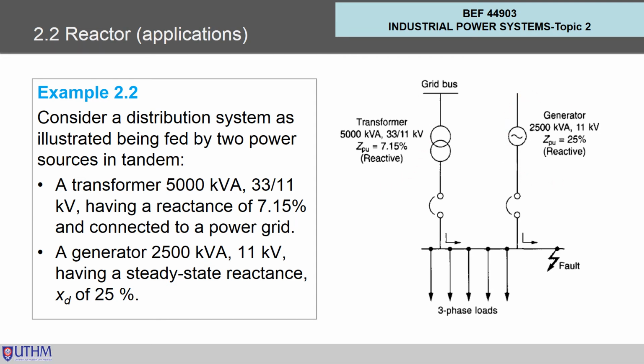This is the specification of the transformer: 5000 kVA, step down 33 kV to 11 kV, having a reactance of 7.5% and connected to a power grid. And the generator is 2500 kVA, 11 kV, having a steady state reactance Xd of 25%.